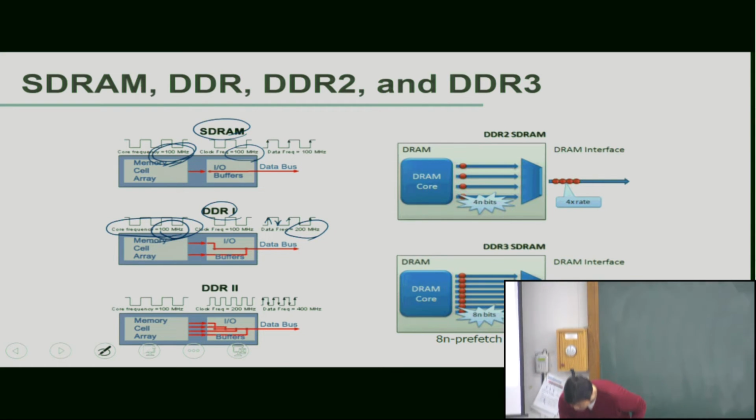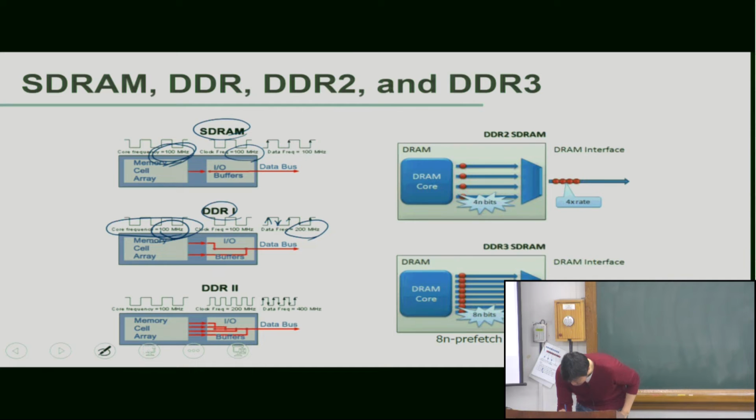So instead of an n bit fetch, it fetches 2n bits. Now we can read 2x more data, and it is fed to the I/O pads so that they can satisfy the data rate demanded by the chip I/O.